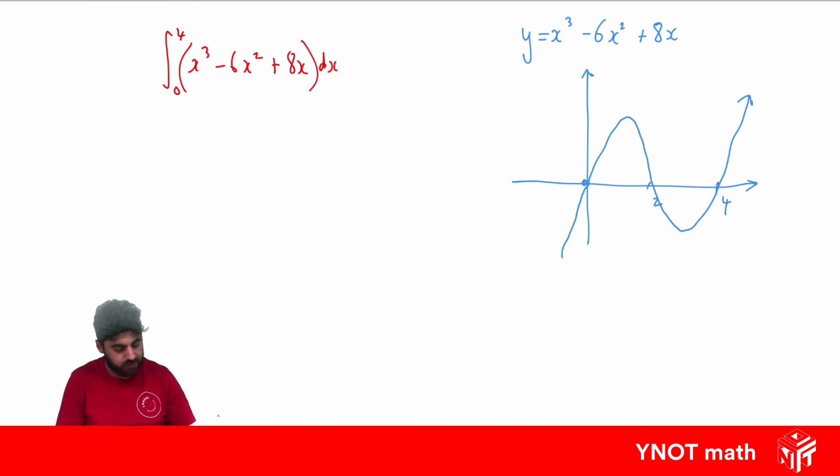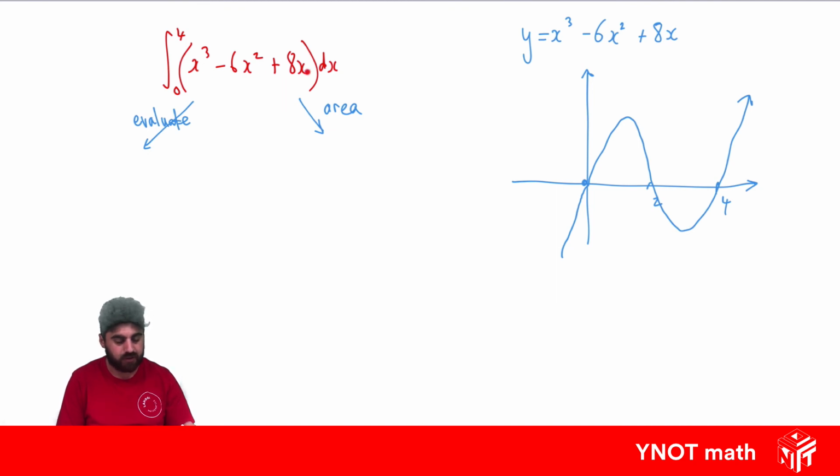we can actually get asked two things from this integral. With any definite integral, we can get asked to evaluate the integral, or we can get asked to find area. So if we were asked to evaluate the integral, we wouldn't worry about any area being above or below the x-axis.